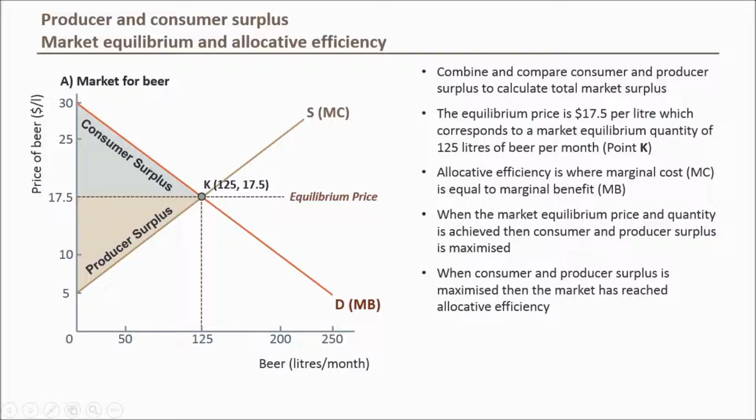It's this criterion, where marginal benefit must equal marginal cost, that is important for a market to achieve allocative efficiency. So our analysis of consumer and producer surplus provides another way of analyzing efficiency.